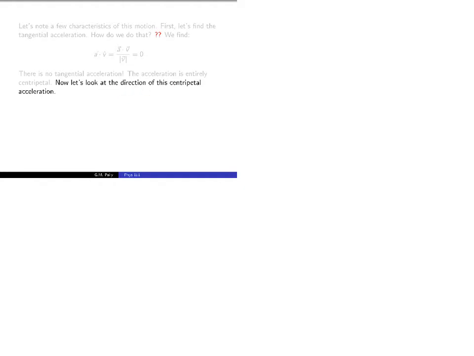Let's look at the direction of this centripetal acceleration. Here's our expression for the acceleration, but we recognize that it is similar to the position, and so we write the acceleration is minus omega squared times the position vector.